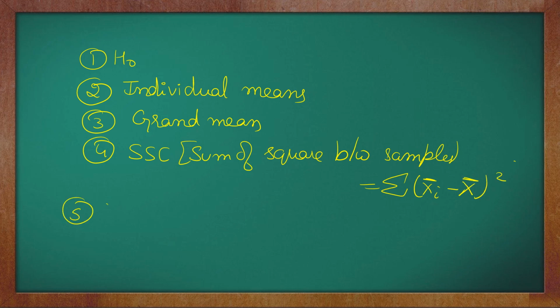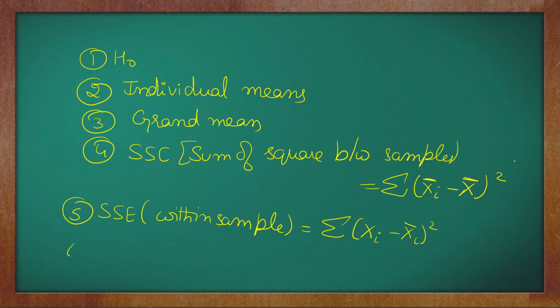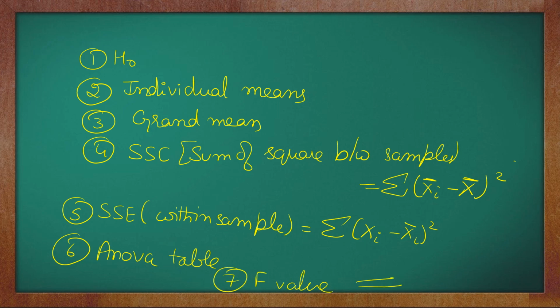Fifth step is SSE, which is within samples. The formula is summation of xi minus xi bar whole square. Then next, make the ANOVA table. Seventh, find the F value and the question is completed. So we need to follow these steps for any ANOVA question.